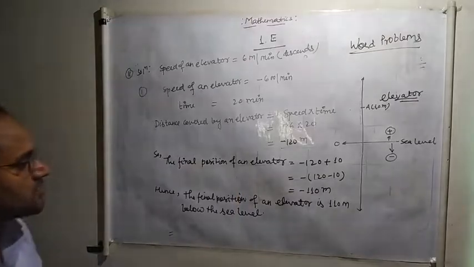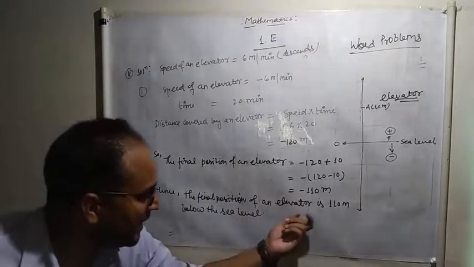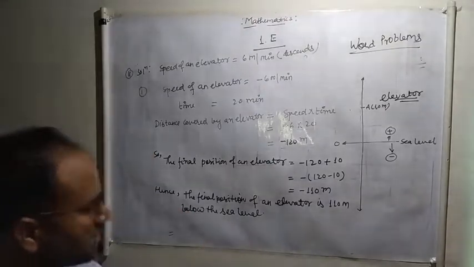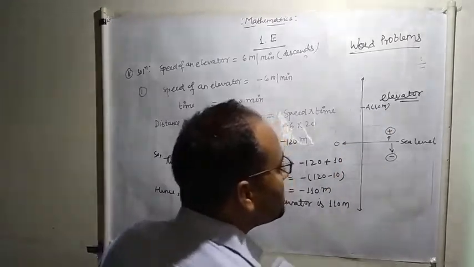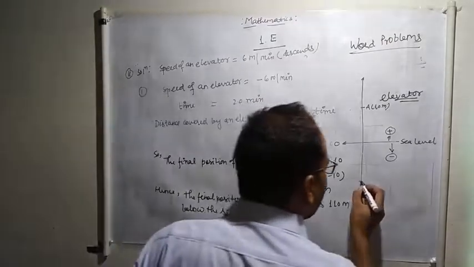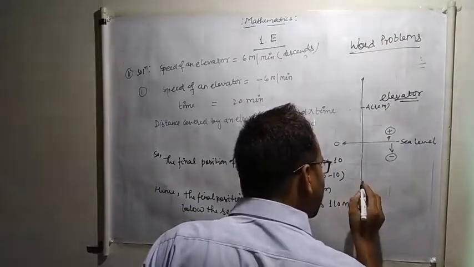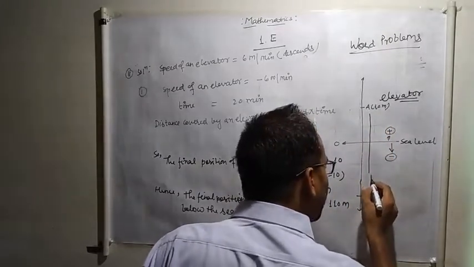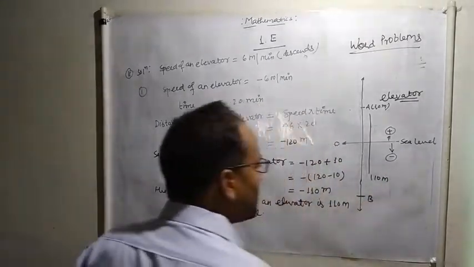This is your answer for the first one. The final position of an elevator is 110 meters below the sea level. 110 meters below the sea level means that it reached point B.